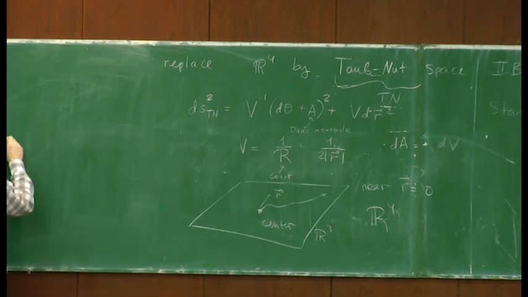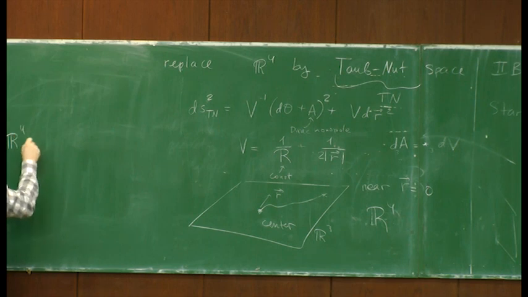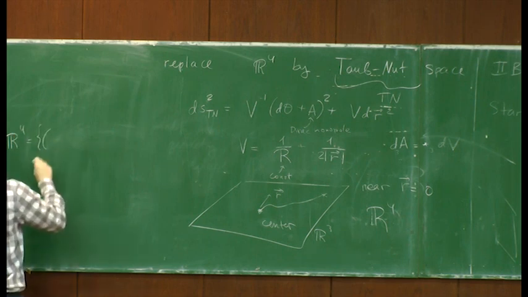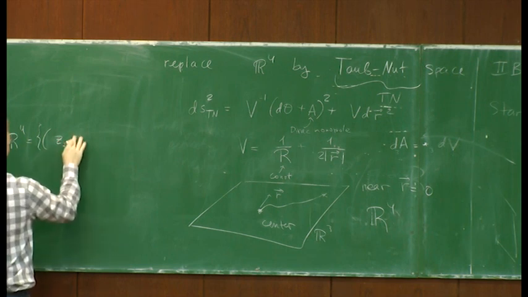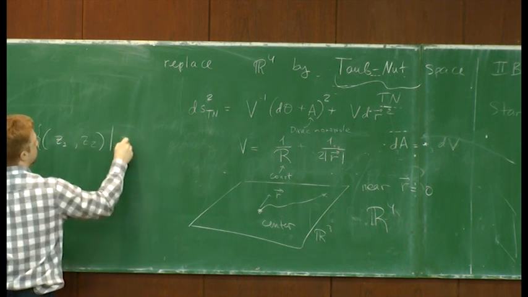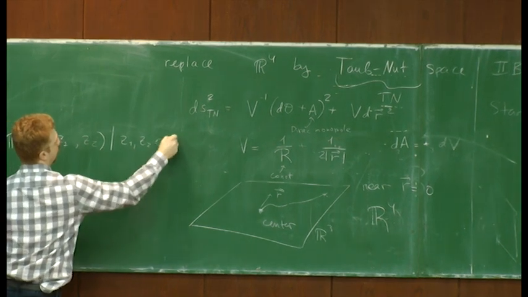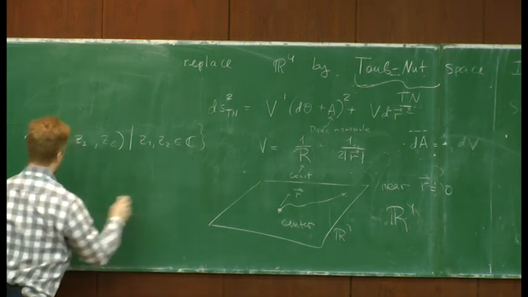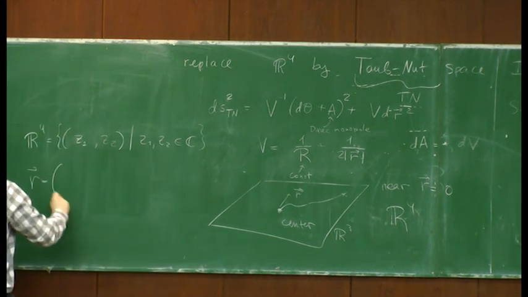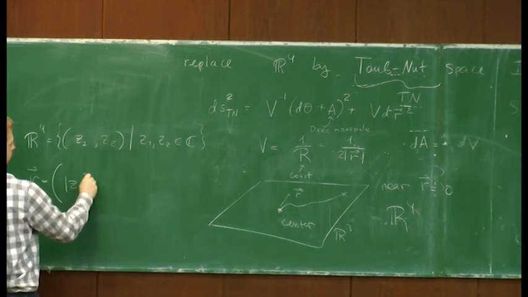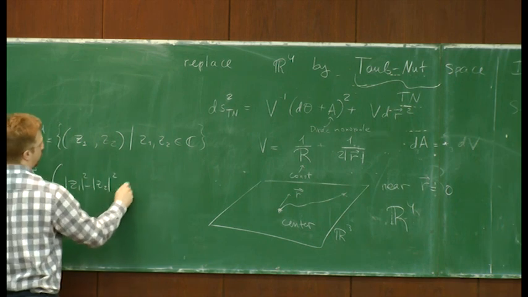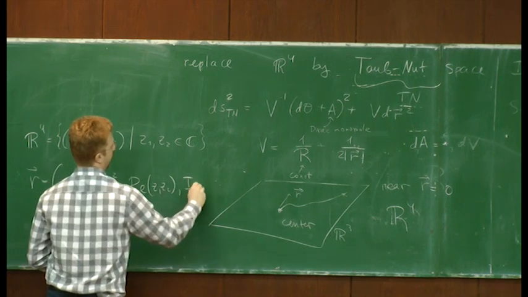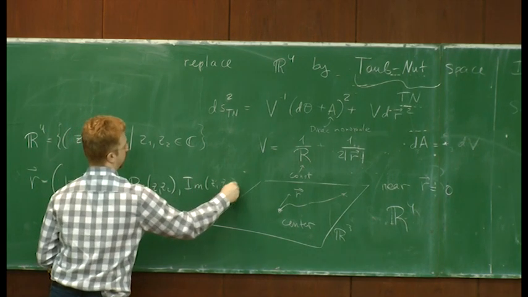So if you take R4 and parameterize it, let's say, by 2 complex numbers, then this vector R is just |z1|² minus |z2|², real part of z1 z2, imaginary part of z1 z2.